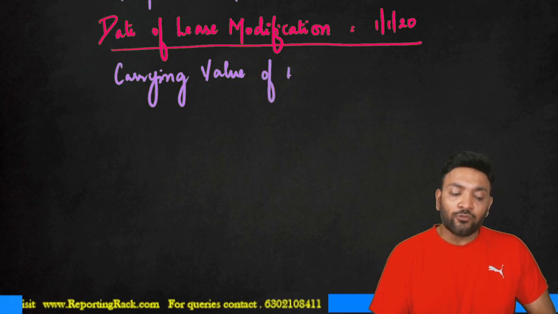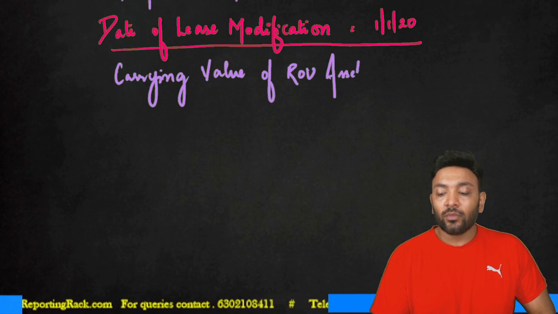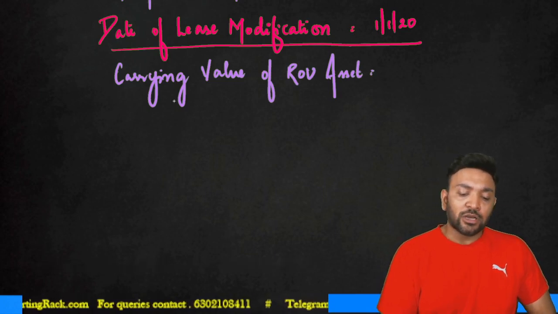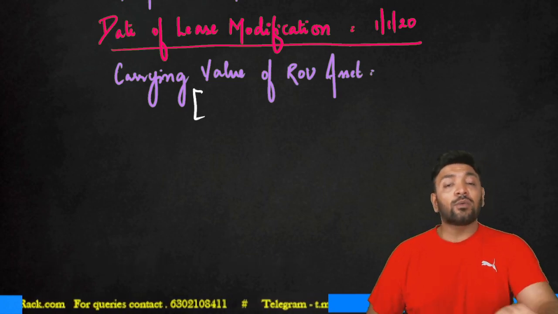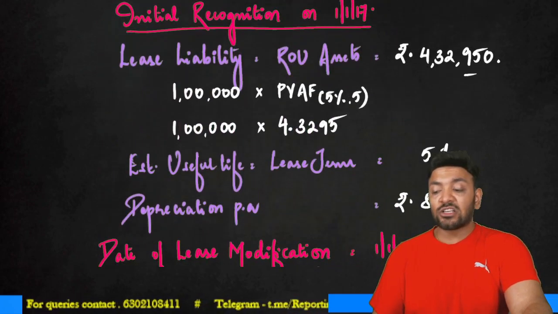Carrying value of ROU asset. Numbers please. What was the original value of ROU asset that you determined? 4,32,950.